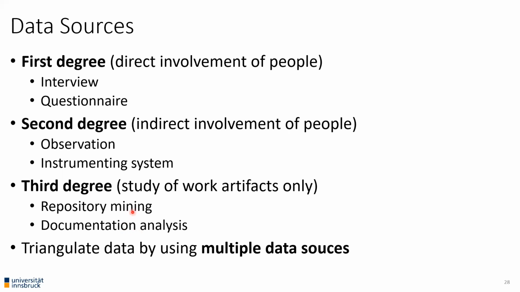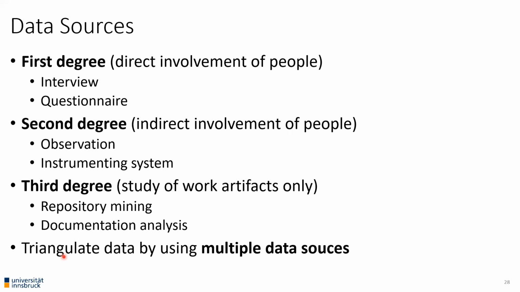So the thing again with case studies, that's the message: you should always use, if possible, data sources on all levels, but at least at different levels. So not just taking one data source, but taking multiple data sources and triangulating them. Triangulation, so putting things together in a triangle, is an essential aspect of case studies.